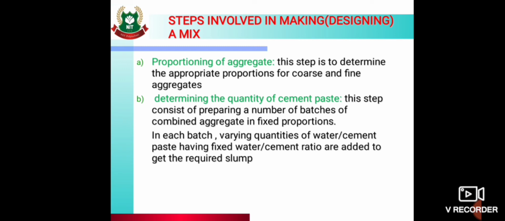We want cement paste for workability. If we select the proper size of aggregates, we will get maximum cement paste for workability, and our strength will also be achieved, and dense concrete is also achieved. So we have to determine the quantity of cement paste available for our easiness in concreting operations.